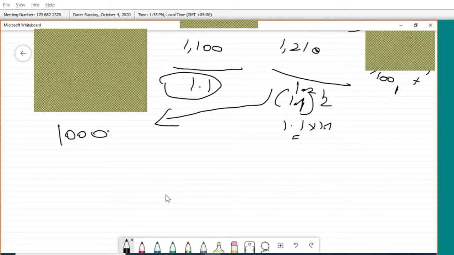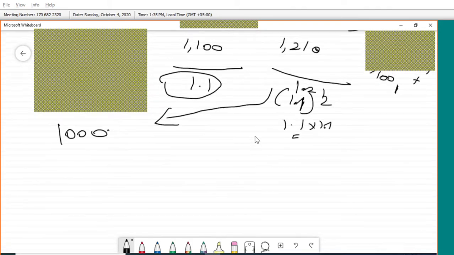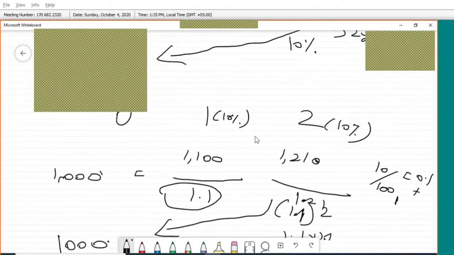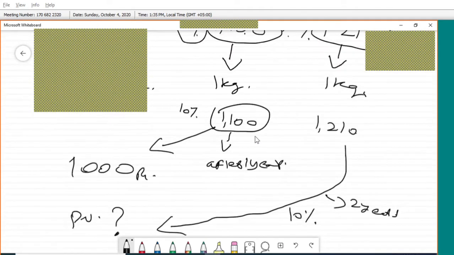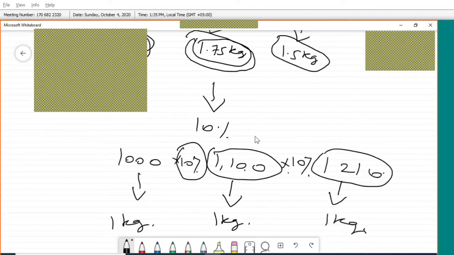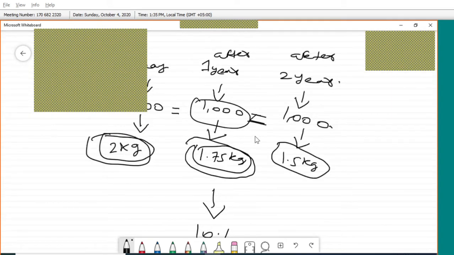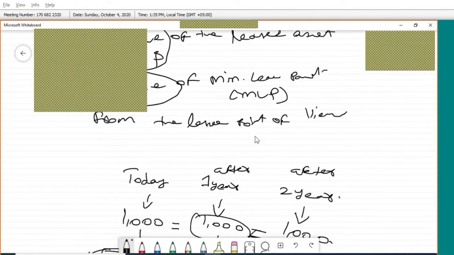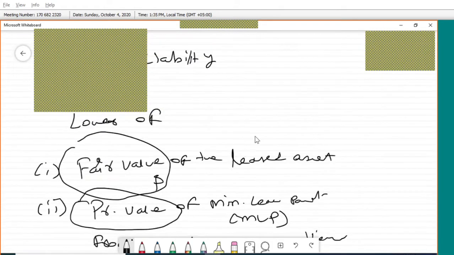So why am I discussing this point? Because of the formula. If you go through the formula, we have to identify two things. One is fair value, another one is present value.